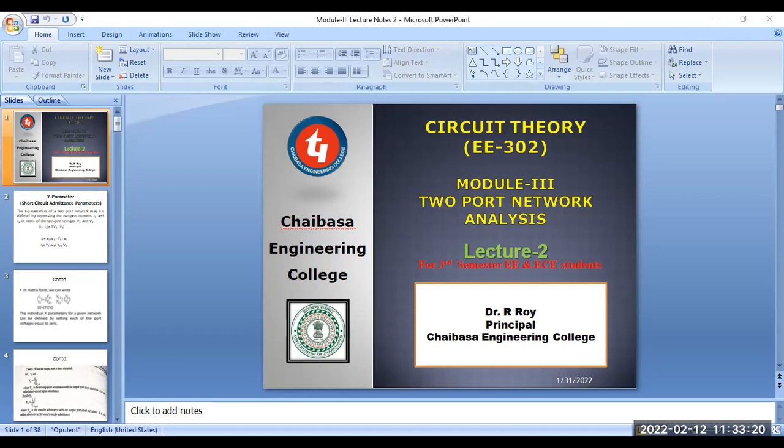We'll start Y parameter. In the last class, we discussed Z parameter. Y parameter is known as the short circuit admittance parameter. Y means admittance. Now, how is this Y parameter calculated in a two-port network? We'll understand the theory. The Y parameter of a two-port network may be defined by expressing the two-port currents I1 and I2 in terms of the two-port voltages V1 and V2.